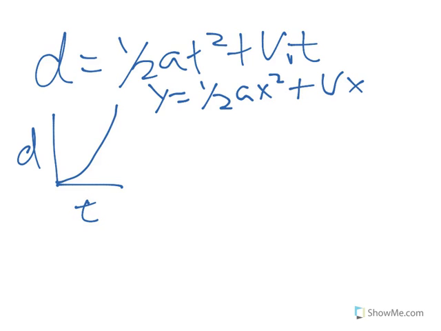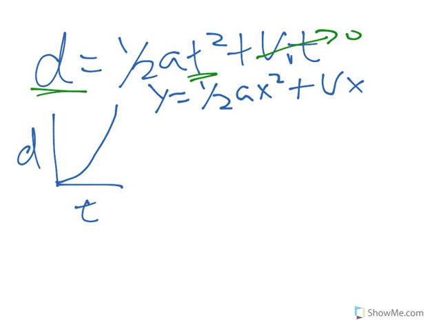So that's what it should look like. So if something's accelerating, it is a parabola. Now, this formula is terrific for figuring out the distance, but keep in mind you can also use it to figure out the time, especially if the initial velocity goes to 0.